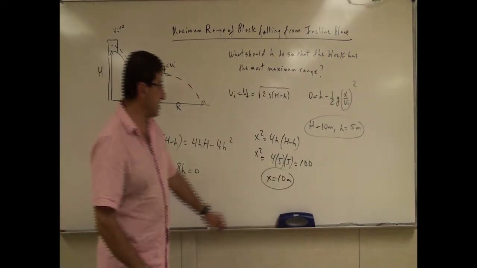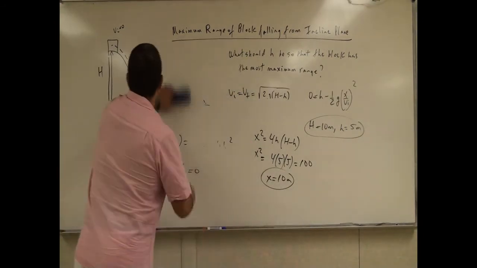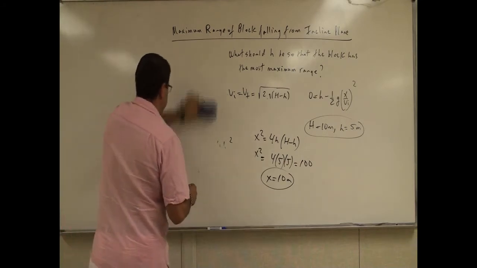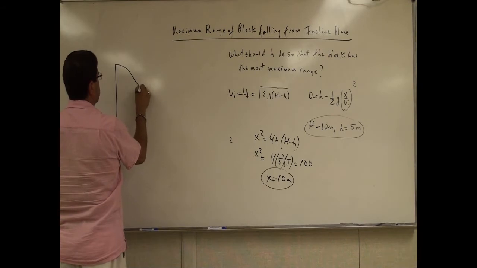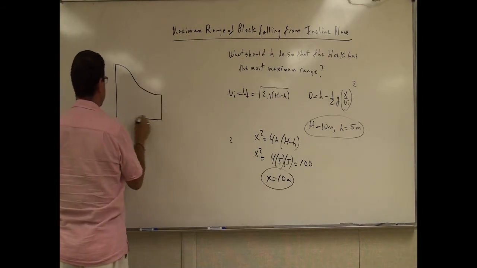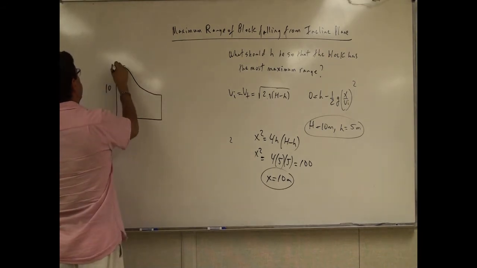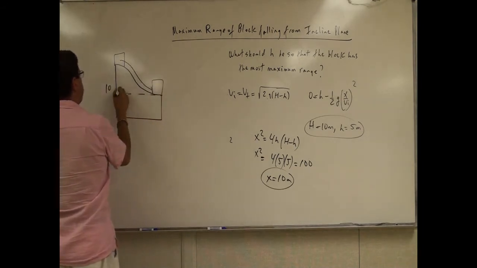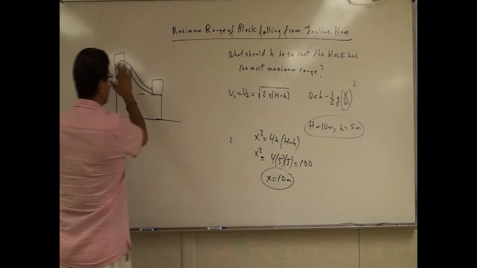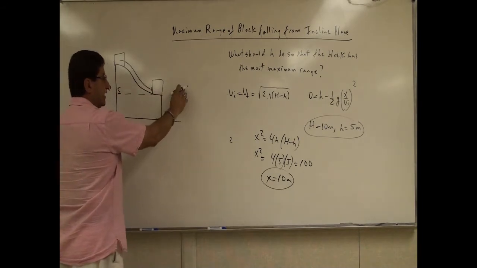The range will be 10 meters, so it kind of looks like this. Imagine that this is 10 meters, and then this is half of that, 5 meters. If there was no friction, you would have a really good velocity here.